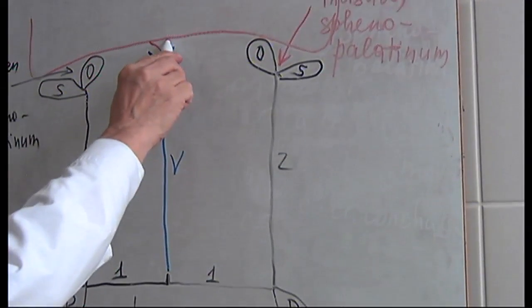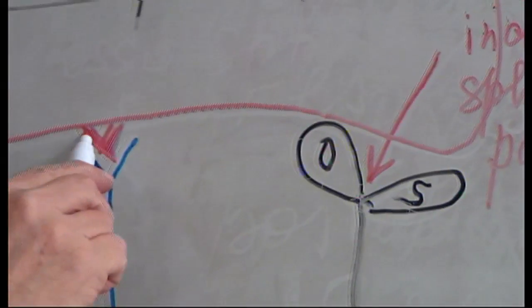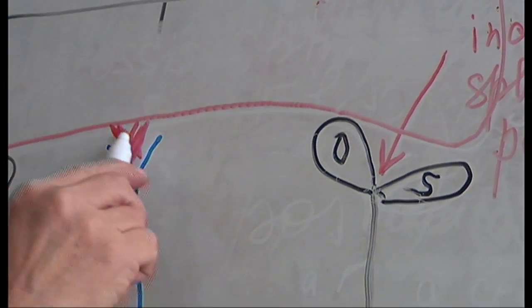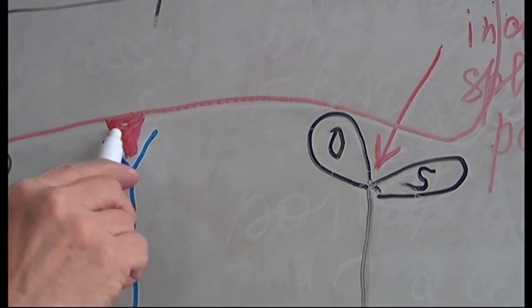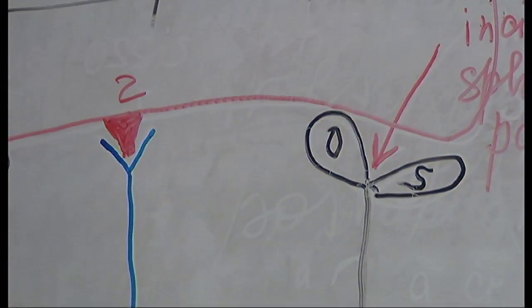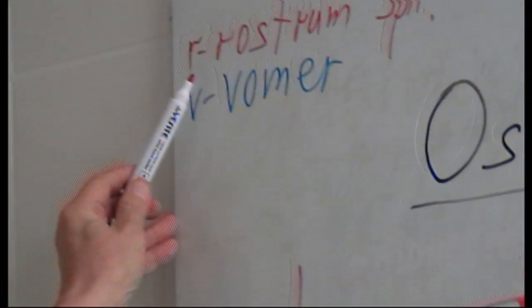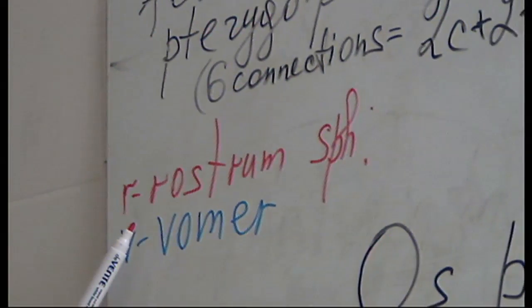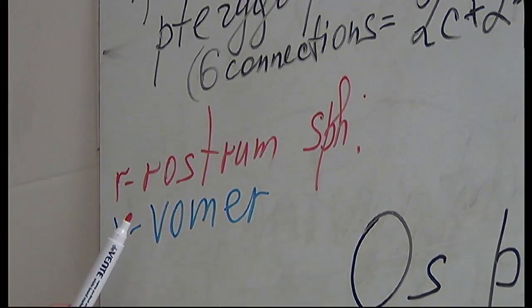And here it is, the structure of red color. Red color means it's part of the sphenoidal bone, and it's designated here as rostrum ossis sphenoidalis.